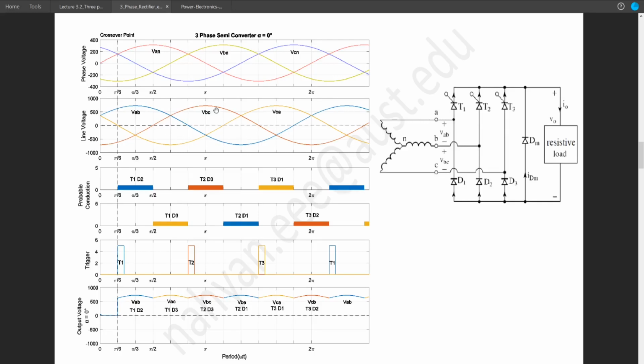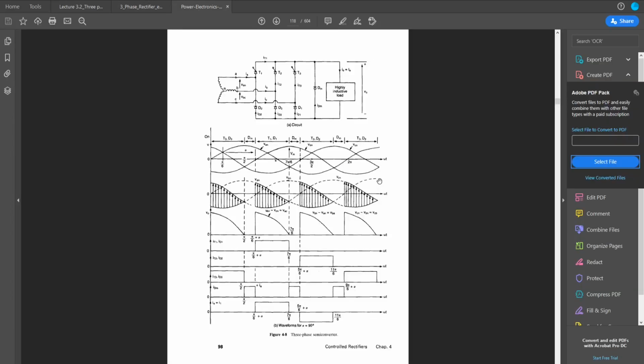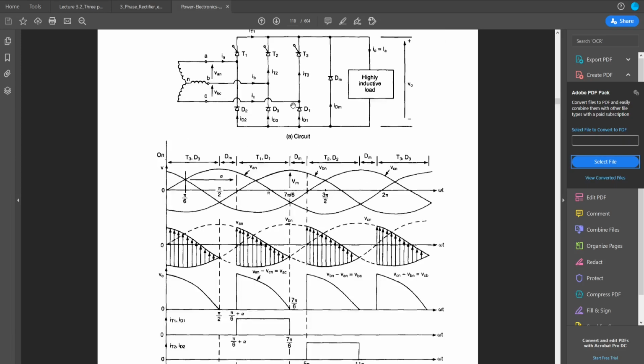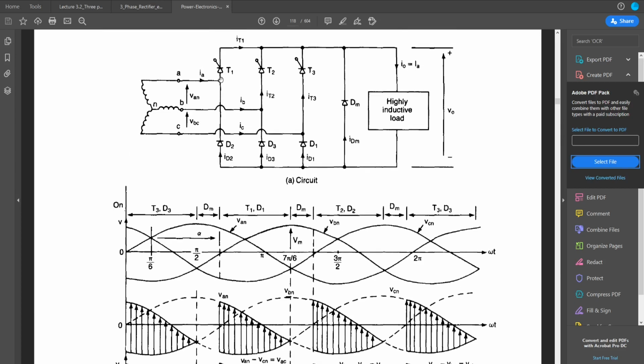And again, I have forgotten to mention that I have changed the order of the thyristors as it is written in the books. So in case of a semi-converter, let me zoom in a bit. This T1, T2 and T3 seems fine, but this D2, D3 and D1, it's a little bit odd.